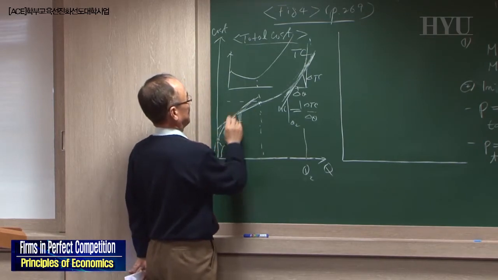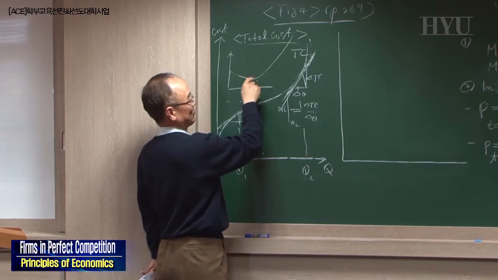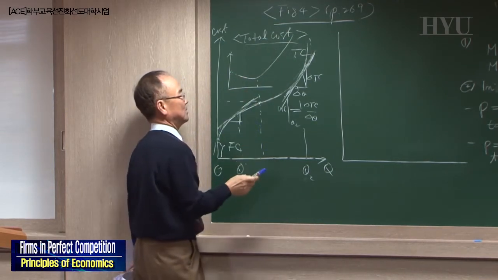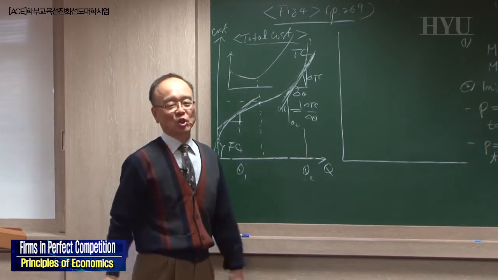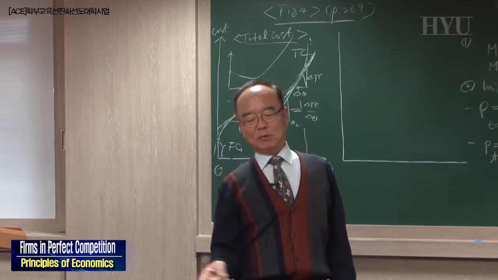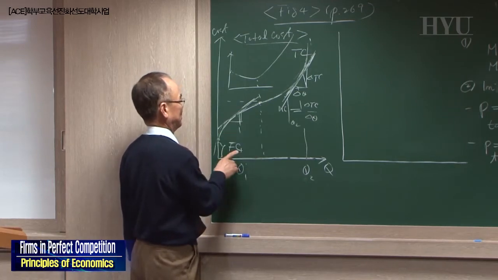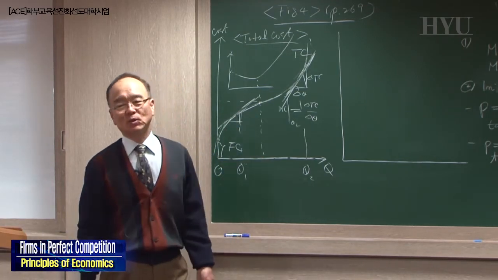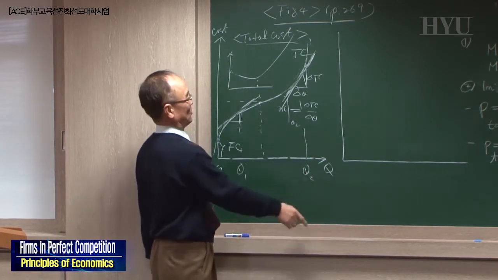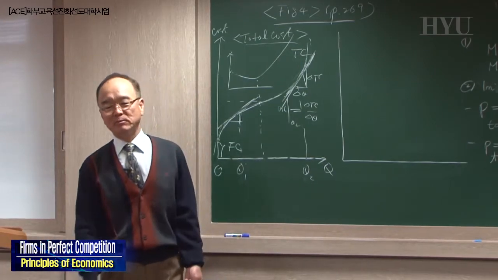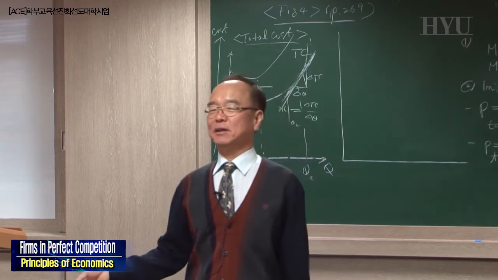Remember, it is decreasing, then increasing, turning around right here. The general explanation is that initially you can enjoy the benefit of division of labor. I think I explained that before, so let's skip that. From this point on, why does the MC increase? Who is more productive, Kyunghwa or Yerin?